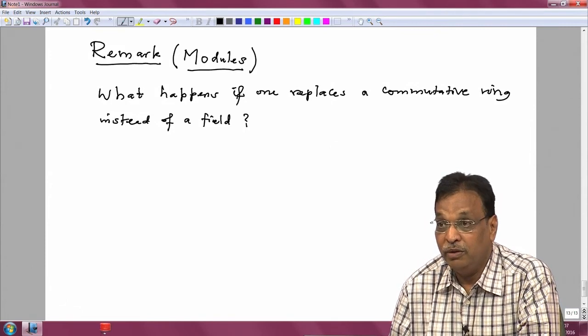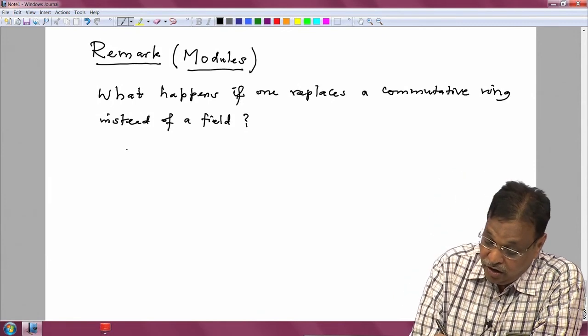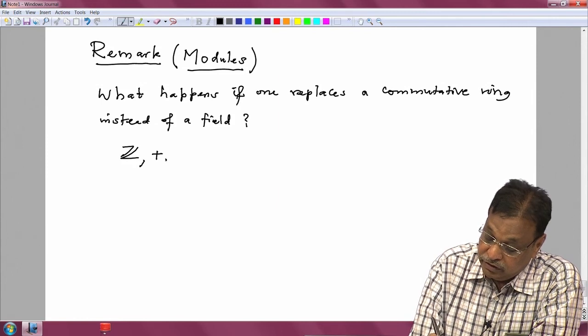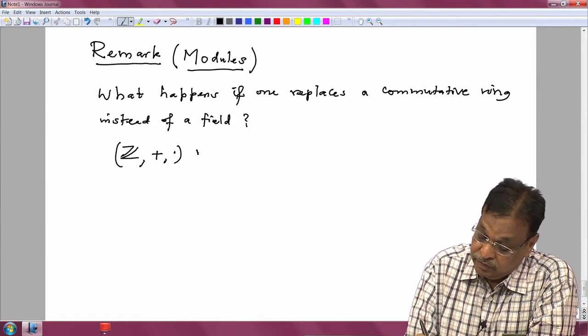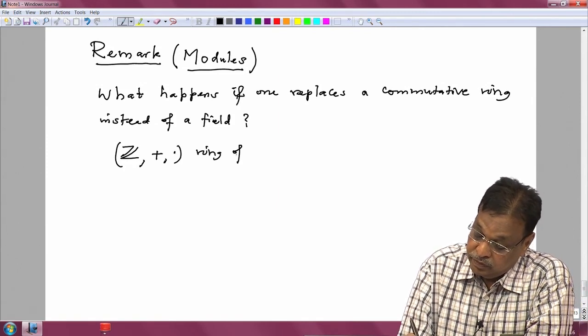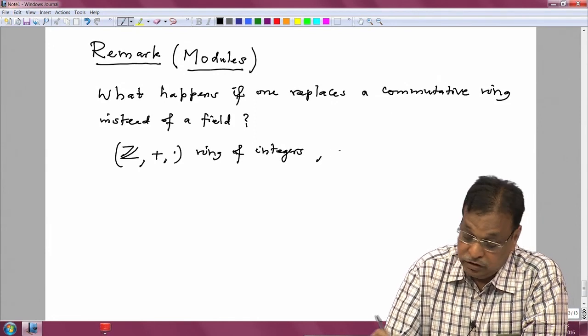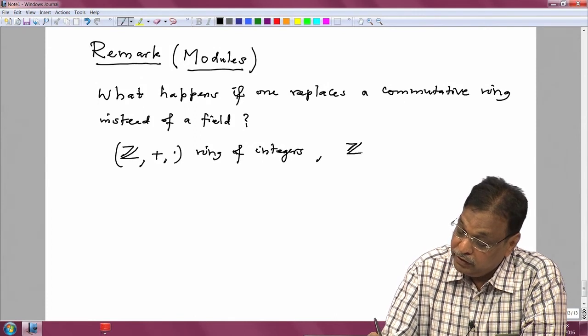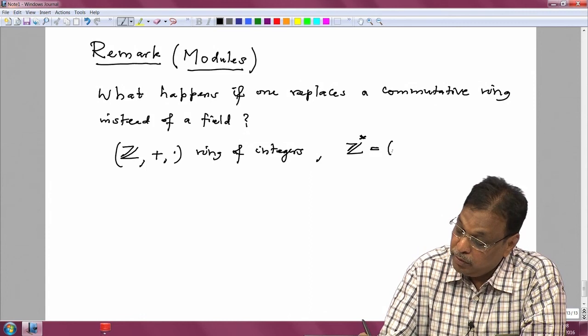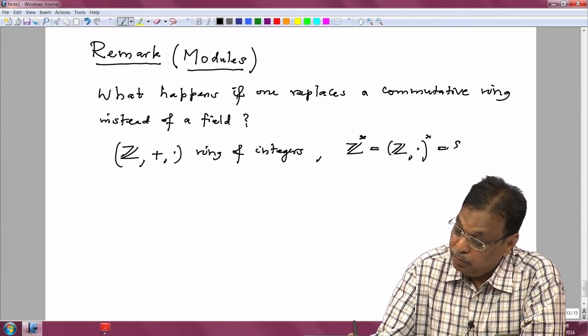So the study will become more restrictive even if you take the so-called ring of integers, because in this ring the only invertible elements with respect to multiplication are plus and minus 1.